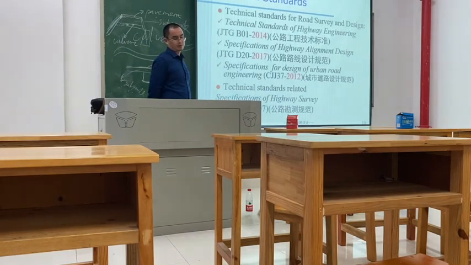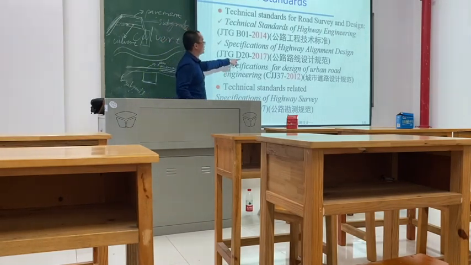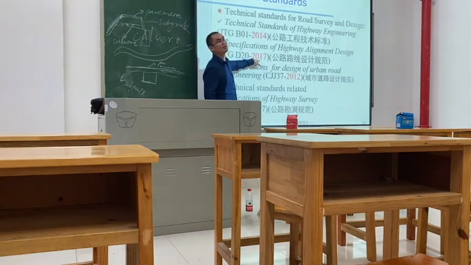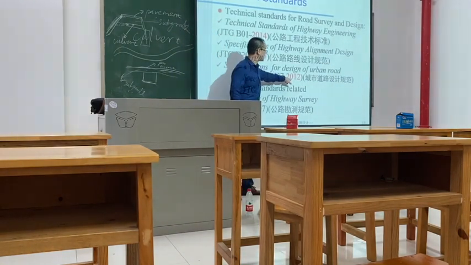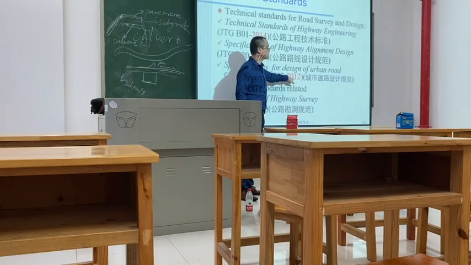For urban road, the specification for design of urban road engineering is called CJJ 37-2012, distributed in 2012.